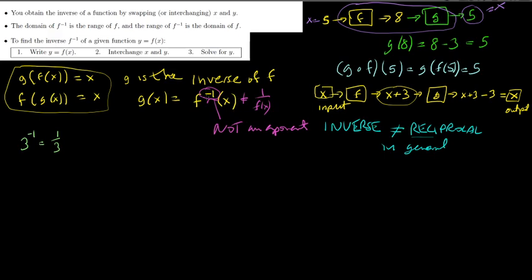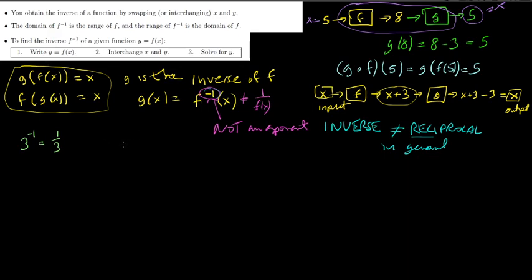So be careful, because a lot of people read this as f to the -1. You should not do that. If you constantly say f to the -1, you're going to get a lot of stuff wrong. It's a very bad habit.